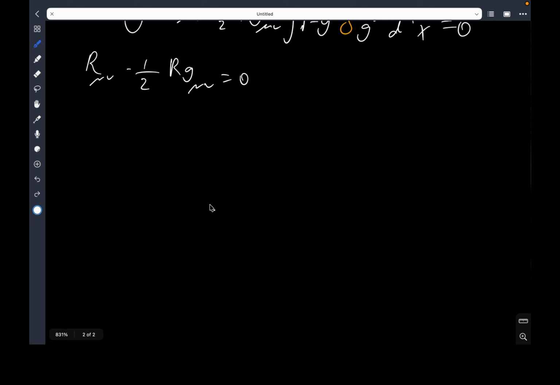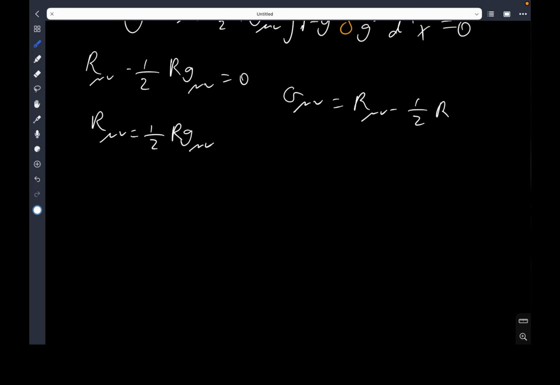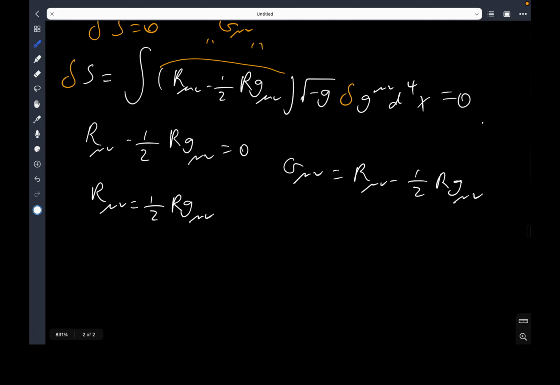If I move it to that side, it's going to be half R g mu nu, and that is the Ricci tensor in vacuum. And Einstein's tensor is defined as R mu nu minus half R g mu nu, as you can see in this equation here.